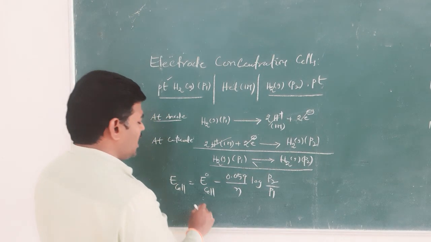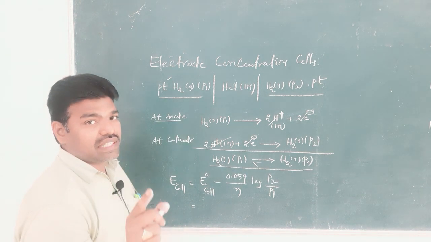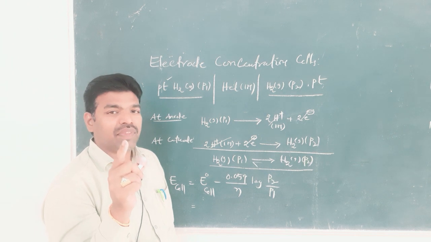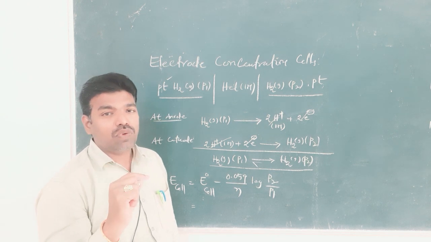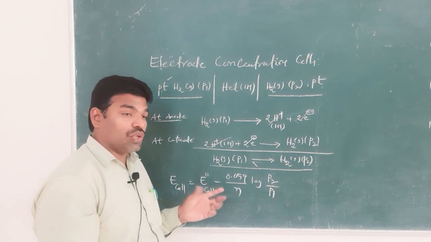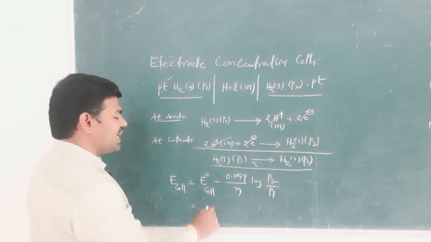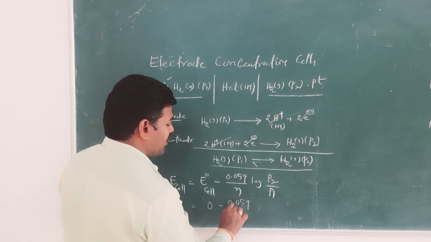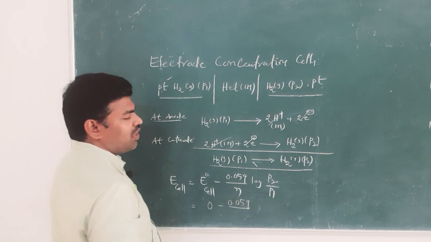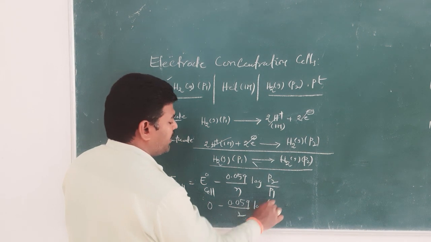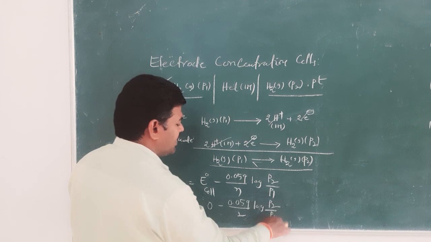We know that for concentration cells E naught cell is always 0, as we came to know from lecture 47. So, E cell is equal to 0 minus 0.059 by n, where n is the number of electrons involved, that is 2, log P2 by P1.